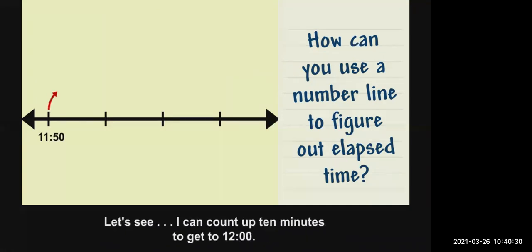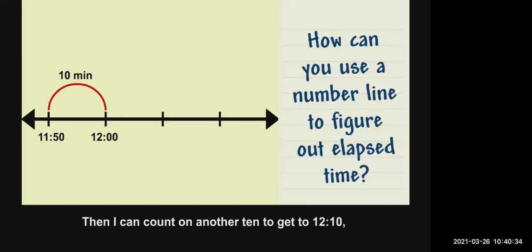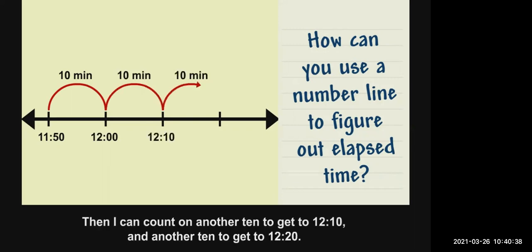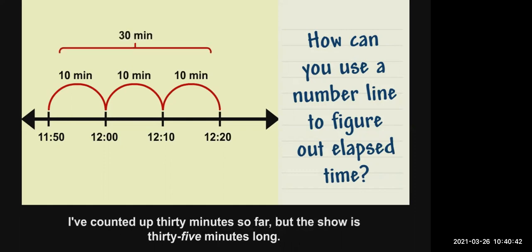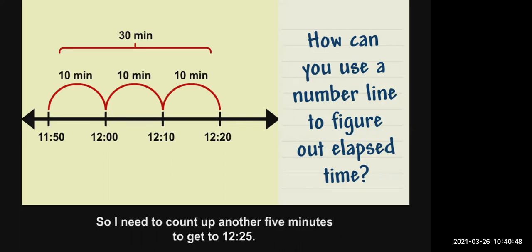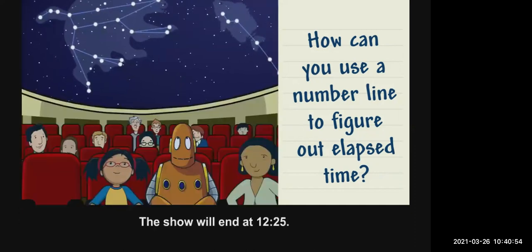I can count up 10 minutes to get to 12 o'clock. Then I can count on another 10 to get to 12:10 and another 10 to get to 12:20. I've counted up 30 minutes so far, but the show is 35 minutes long. So I need to count up another 5 minutes to get to 12:25. The show will end at 12:25.